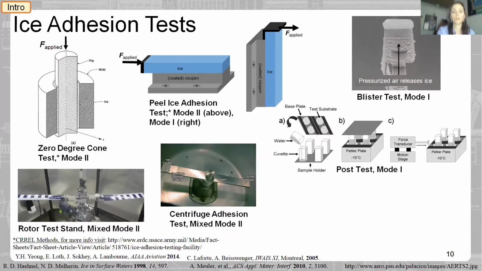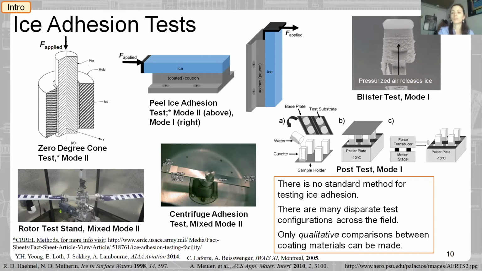So those are all the ice types that you'd encounter in an aviation setting. And so the point is, again, there's no standard method, so there's many disparate configurations across the field. There's almost as many tests out there as there are people making coatings. I've really just shown you only a very few here. And so as a result, there's only the ability to make qualitative comparisons between coating materials.